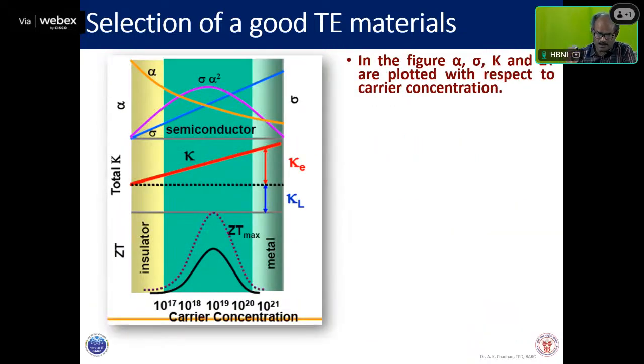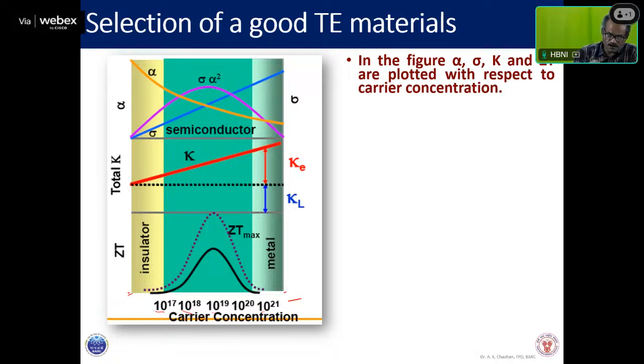So if we try to plot in this figure, what it is showing is, on this axis we have put the carrier concentration starting from 10 to the power 17, 10 to the power 18, 19, 20, 21, and more this side.